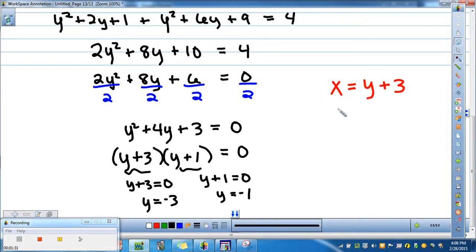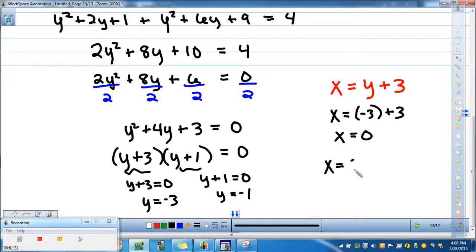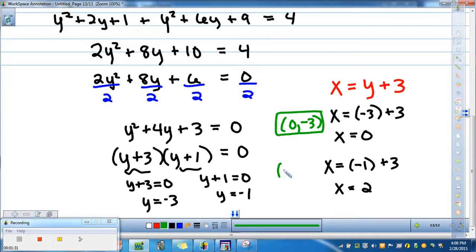Plugging in the first answer, -3, we get x equals 0. And plugging in the second answer of -1, we get x equals 2. So our solutions are 0, -3, and 2, -1.